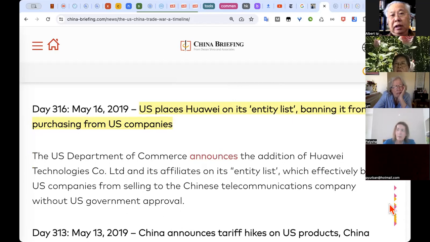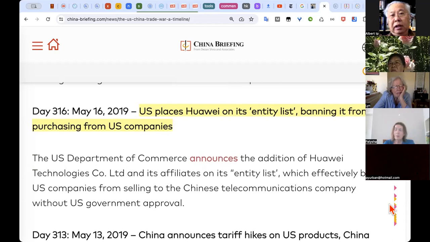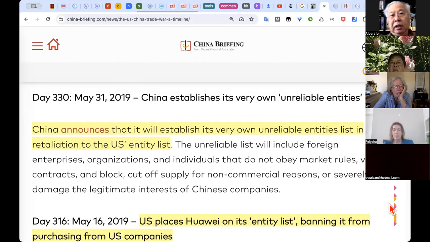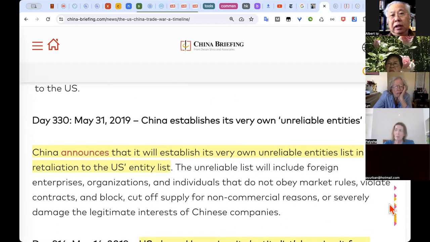Then here comes Huawei. Huawei was entered into the US entity list. So in response, China also produced another list. It's called the unreliable entity list, and put some of the unreliable entities into the list, similar to what the US had done.